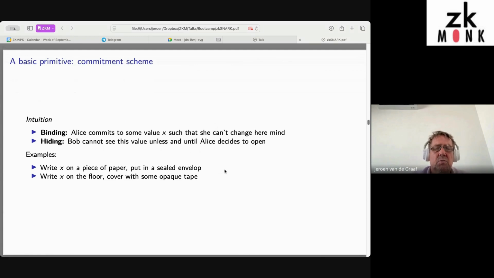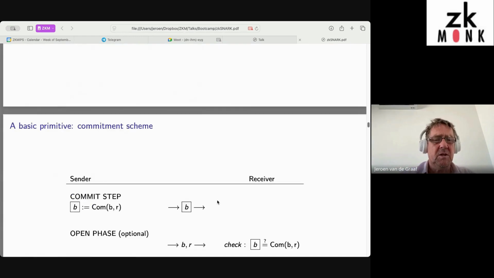This is one possible real world implementation. You can also imagine that the value X is written on the floor, and you cover it with some opaque tape so that it's invisible what has been written there. At some later stage, you take away the tape, and you can see what's written underneath. These are examples of bit commitment schemes.